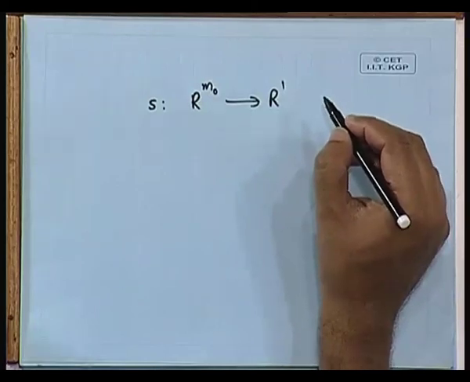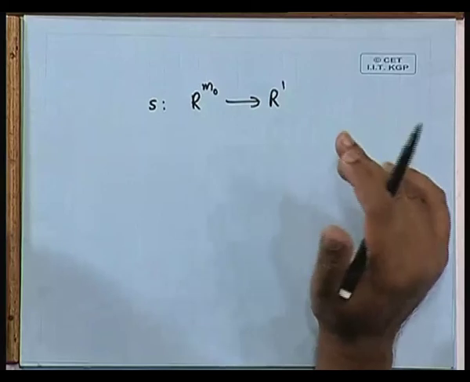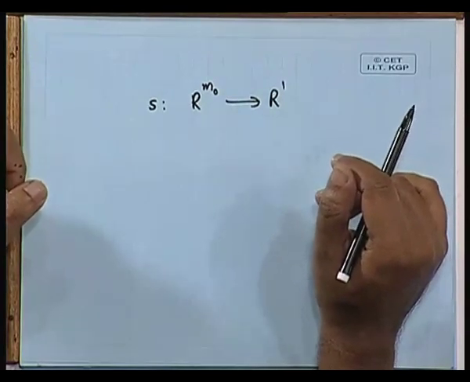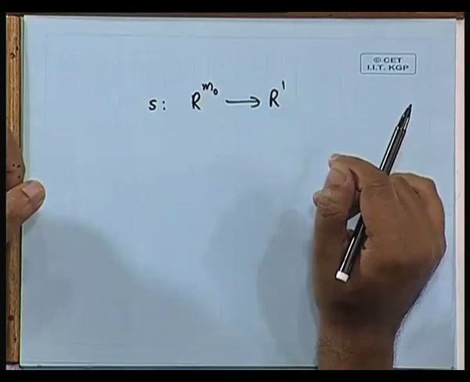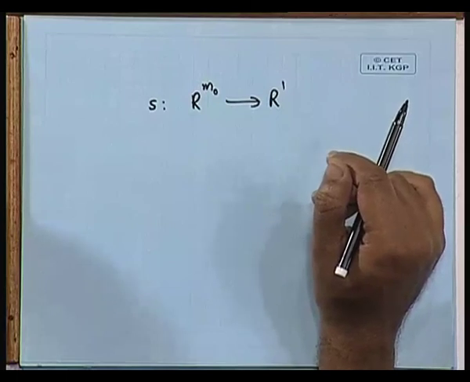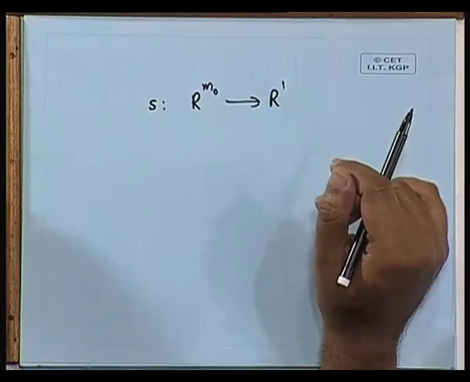So, what is this S? I mean, what is the interpretation of this S? This S is a surface. This S is a surface. Surface of what dimension? Can anybody tell me? Surface of what dimension? M1? No, there is no M1.